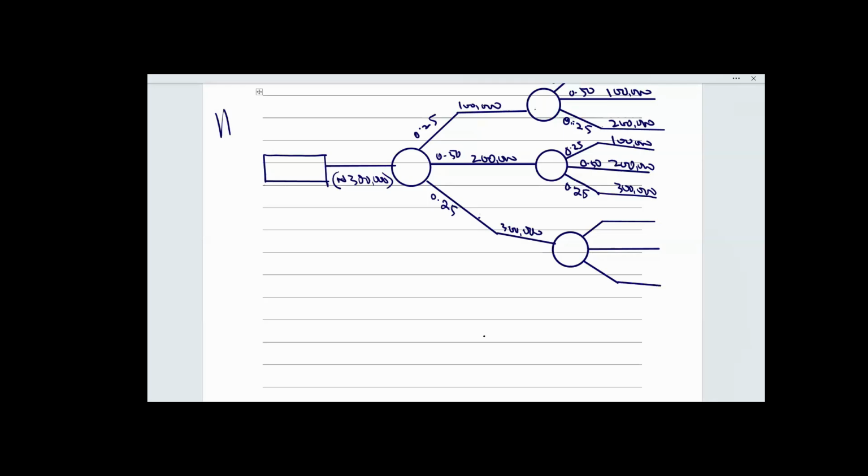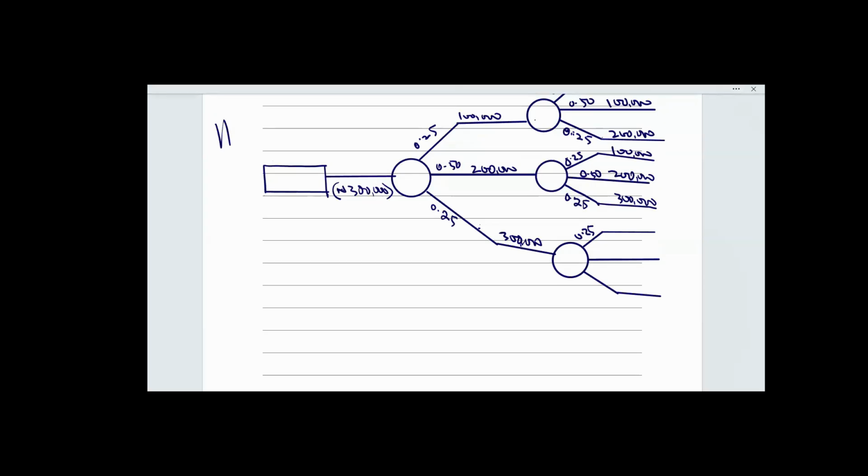So if cash flow in year one is 300,000 naira, there is a probability of 0.25 that cash flow in year two will be 200,000. So here will be 200,000. Cash flow in year one is 300,000, probability of 0.5 that cash flow in year two will be 300,000.